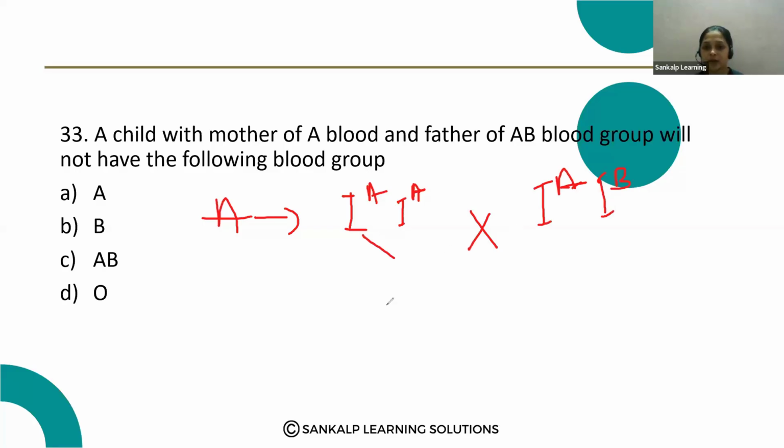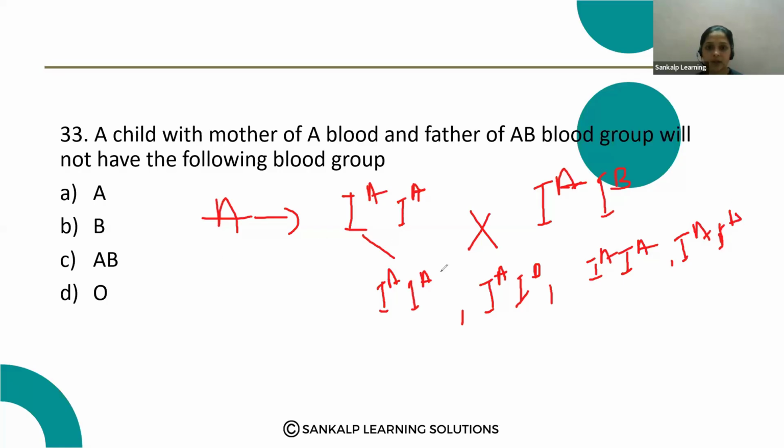There is a possibility of IA IA, and a possibility of IA IB, then IA IA and IA IB again. So there is a possibility of A blood group and AB blood group.